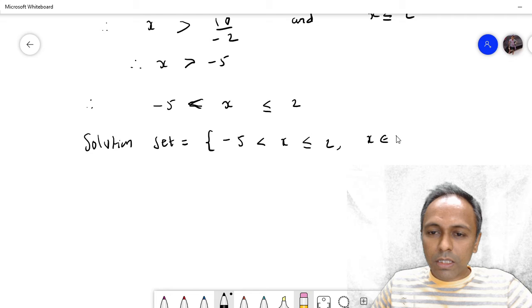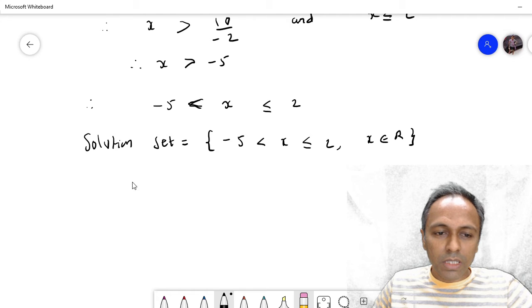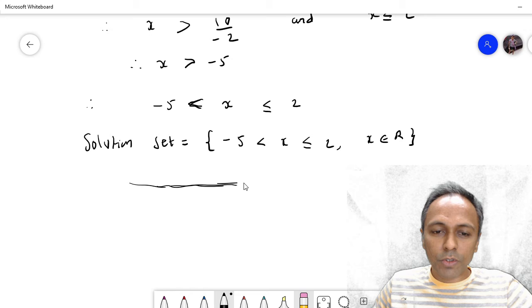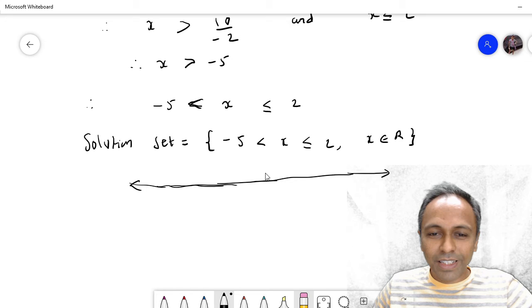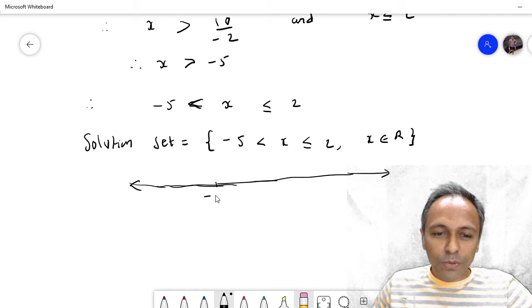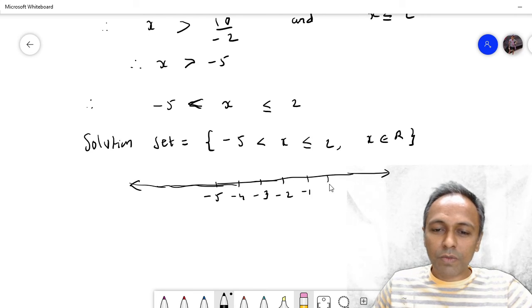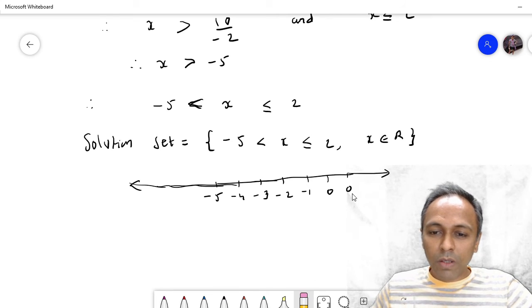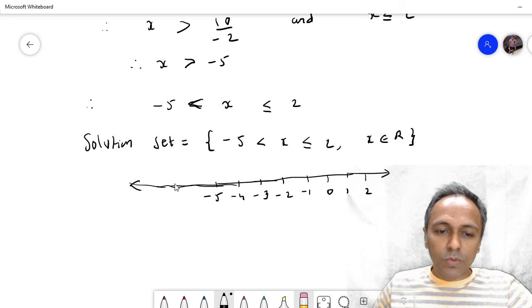This time we can do it faster. We have done many problems of this. Okay, this number line is not looking very good. Now you are used to it. Minus 5, minus 4, minus 3, minus 2, minus 1, 0, 1, 2.